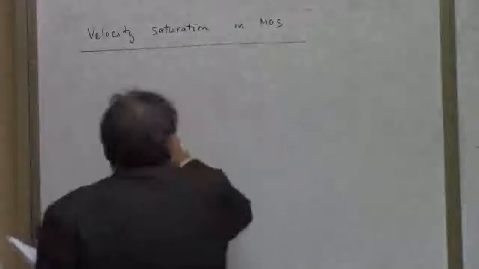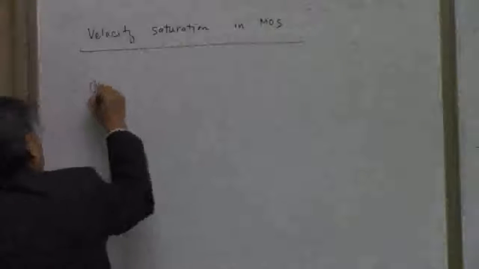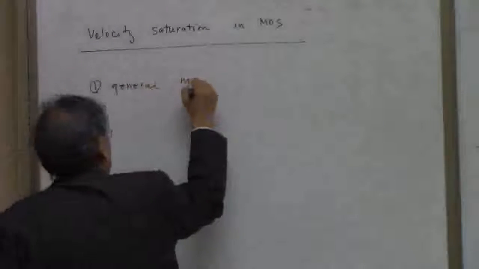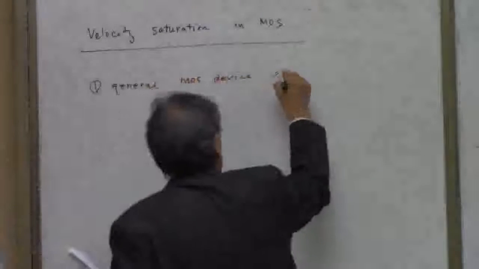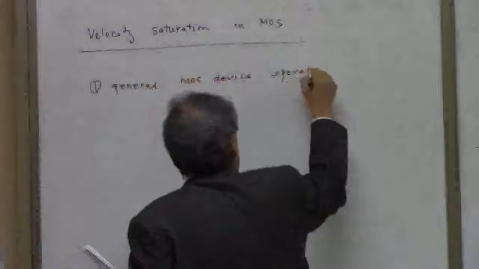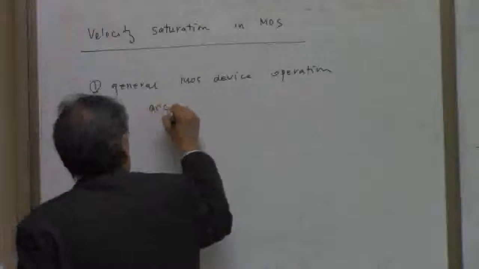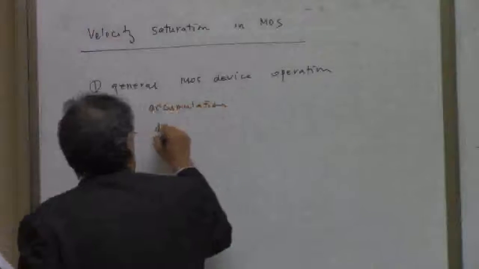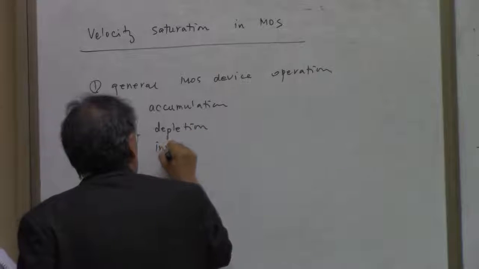So far we have discussed general MOS device operation. Here we are talking about the accumulation, the depletion, and inversion.